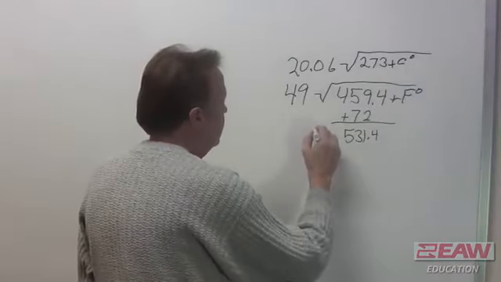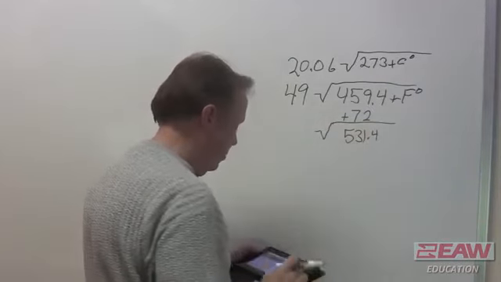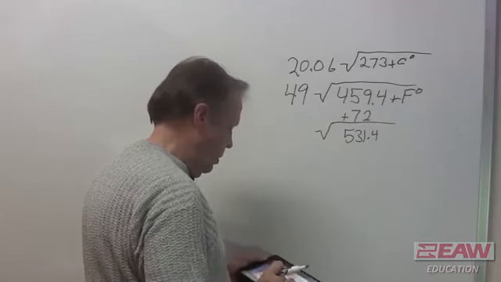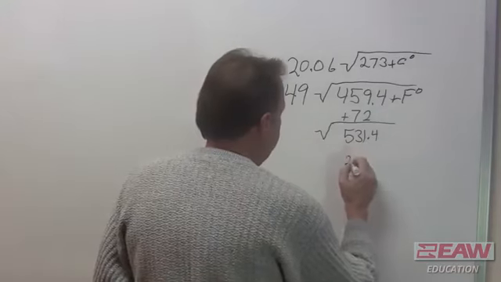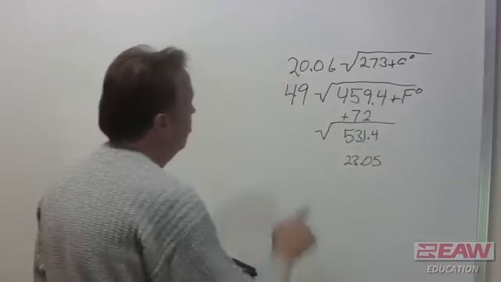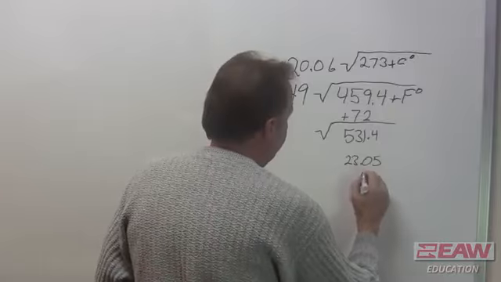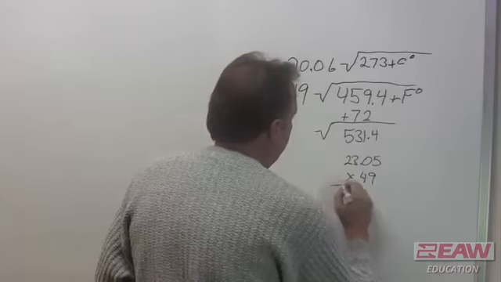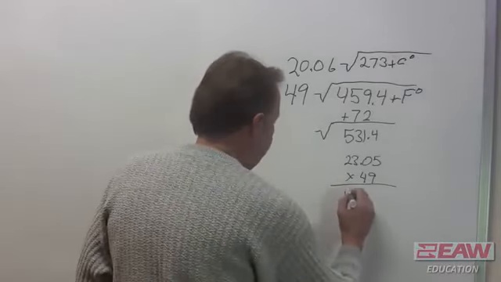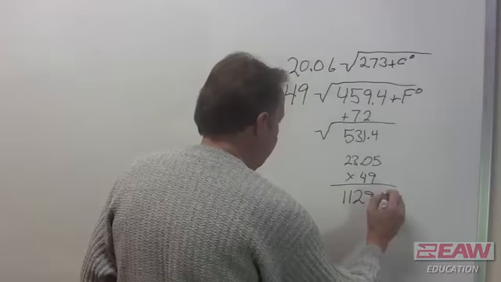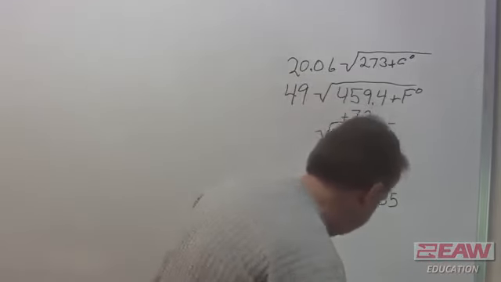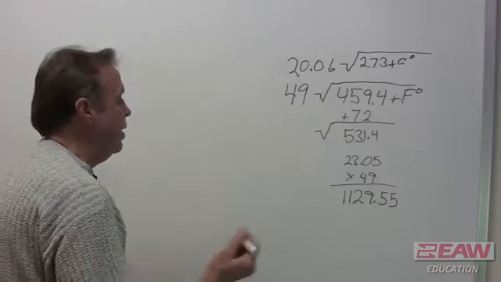Now we take the square root of 531.4 and we get 23.05. Now we multiply that by our constant, and we get 1129.55.